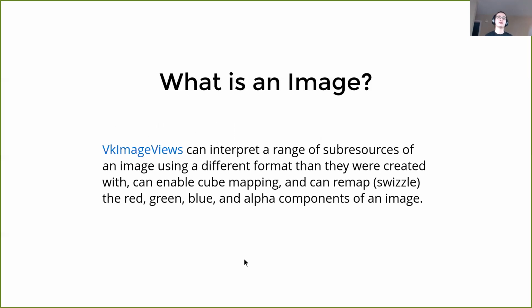Also, there is the image view, which is a range of sub-resources of an image used in a different format than they were created with. So we can do stuff like cube mapping, and can remap the different channels of the image.